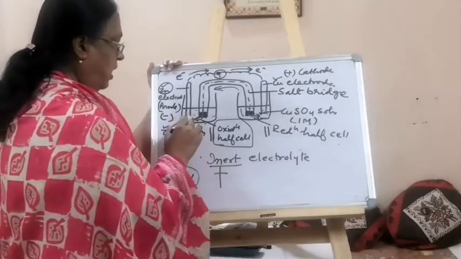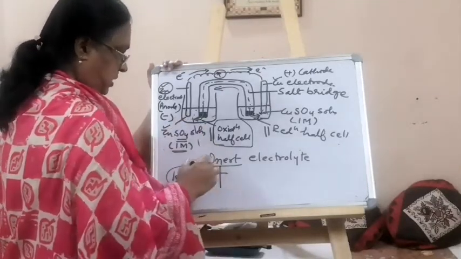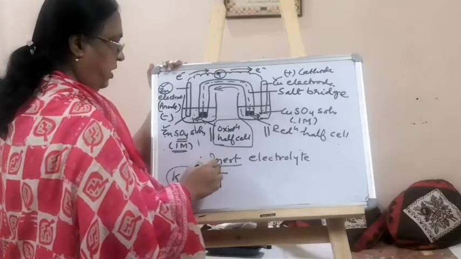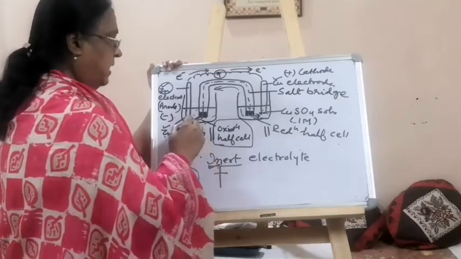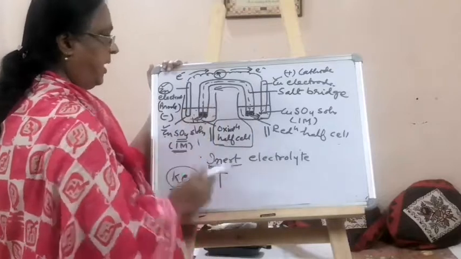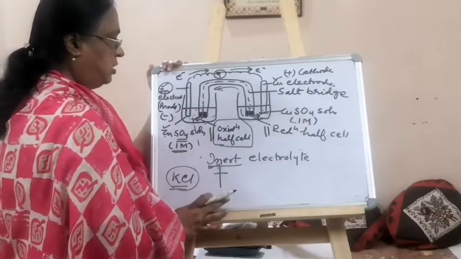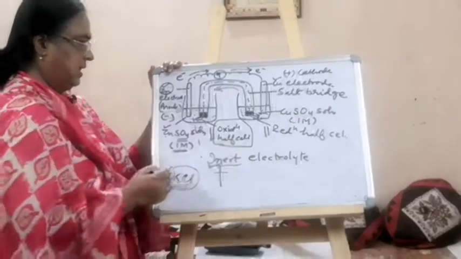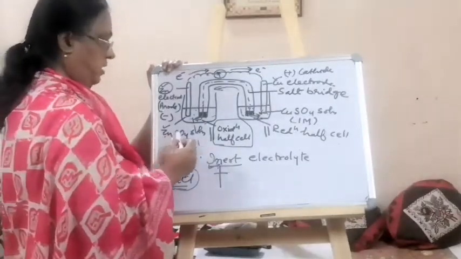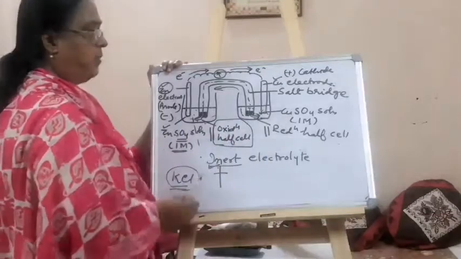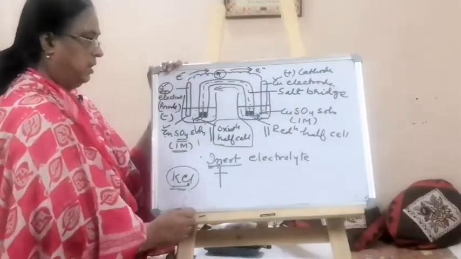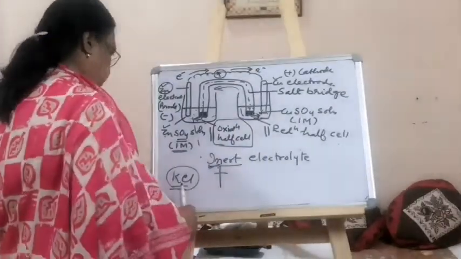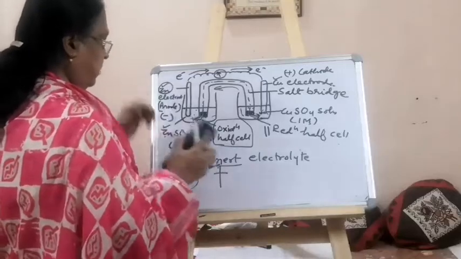Second, it will not react with what? This inert electrolyte will not react with these electrolytes which have been taken in the oxidation and reduction half cell. In other words, KCl will not react with zinc sulfate, KCl will not react with copper sulfate chemically, and so this is the meaning of inert electrolyte.